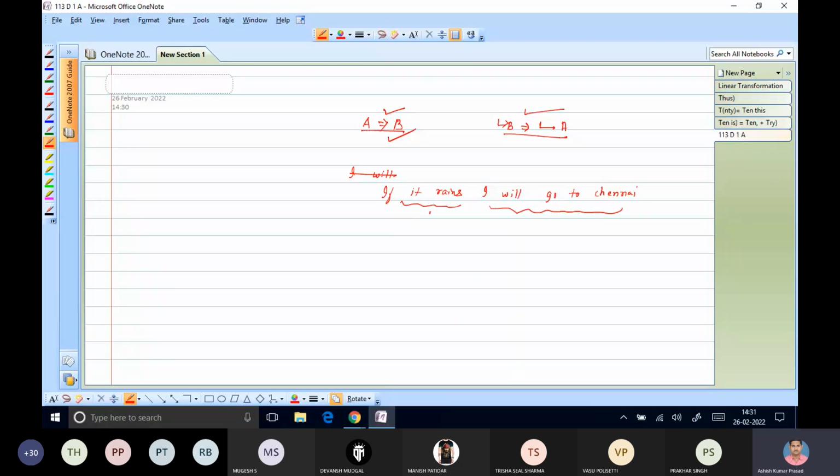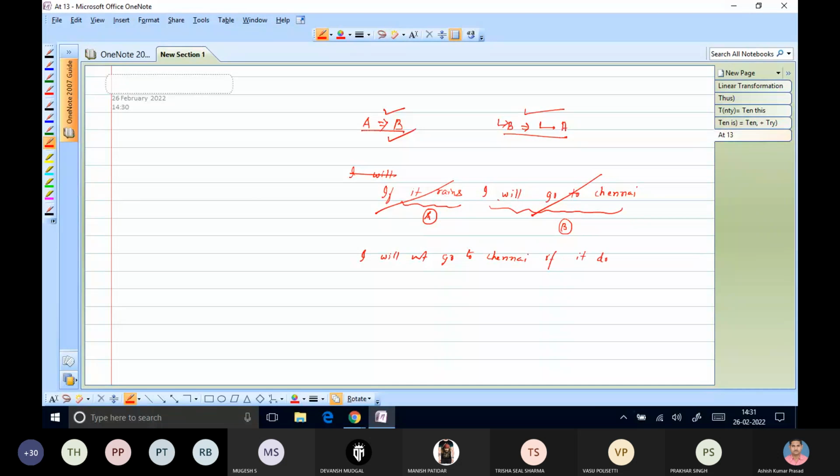This is my statement A and this is my statement B. Not B is just the negative of that: I will not go to Chennai, which implies not A: if it doesn't rain.